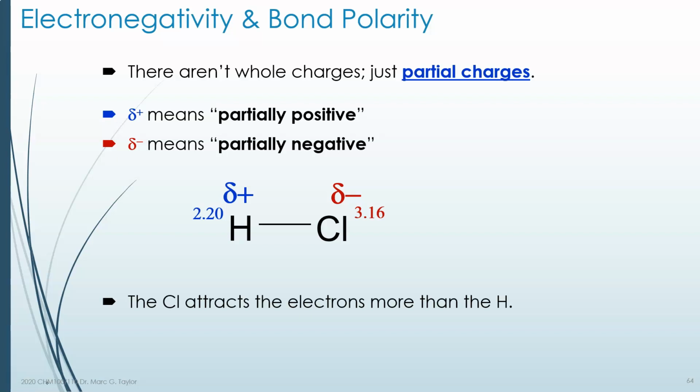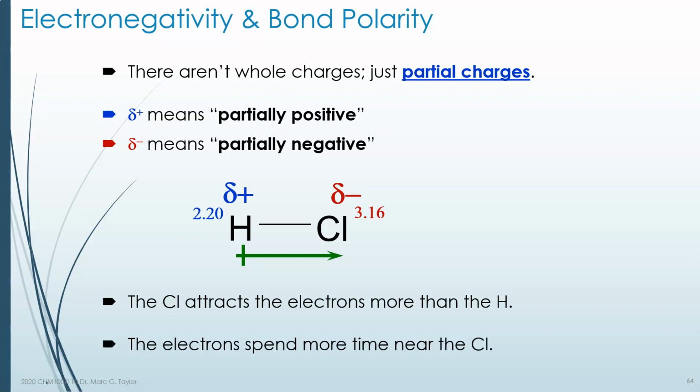So the chlorine attracts them more than the hydrogen, and we would represent that by this little dagger-shaped arrow. It's an arrow with a little line through it, pointing towards the direction where the electrons will be most of the time. And we usually make the line longer for bigger differences and shorter for smaller differences.